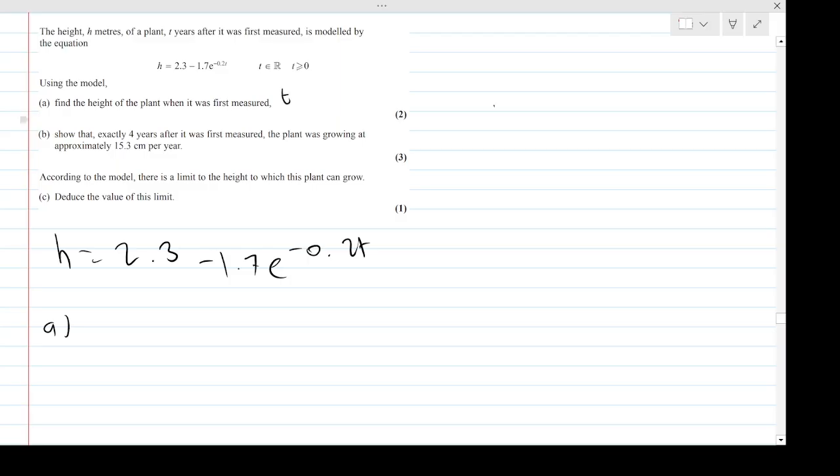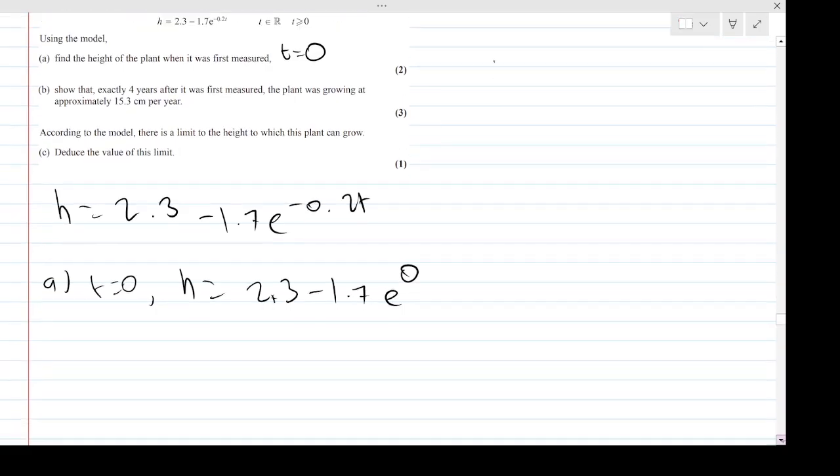They want the initial value, that's when t is 0. So when it's first measured at time 0, the height is 2.3 take away 1.7 of e to the 0. So that would be 2.3 minus 1.7 lots of 1, which is 0.6.